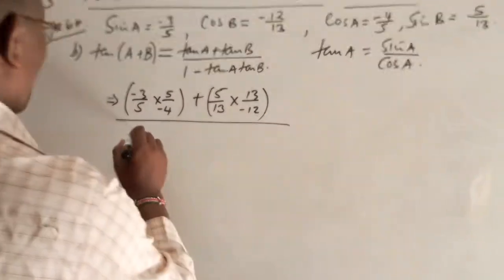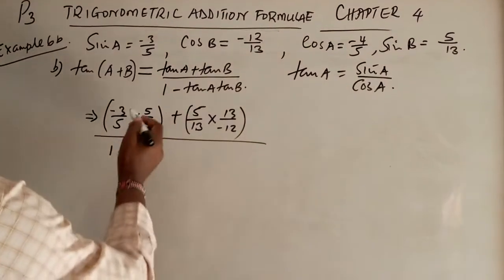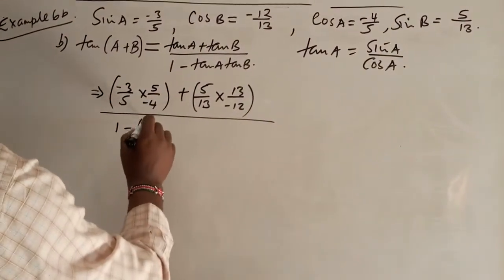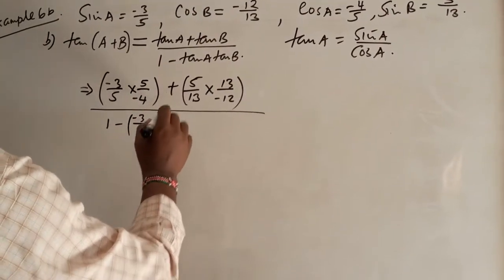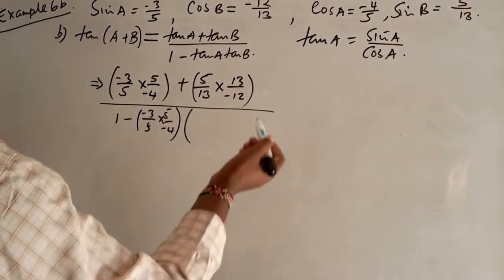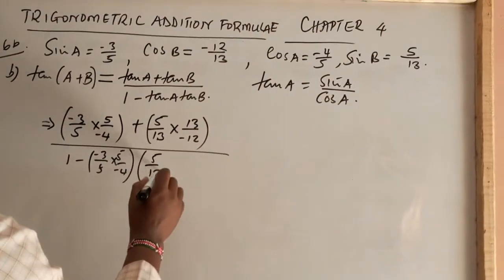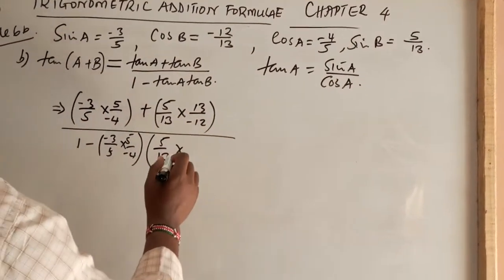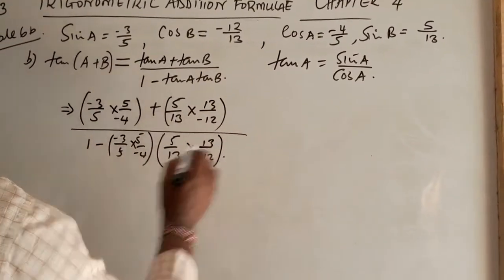All over 1 minus the tan of A, which is basically this, minus 3 over 5 times 5 over minus 4, multiplied by the tan of B, which is basically now 5 out of 13, times 13 out of minus 12.